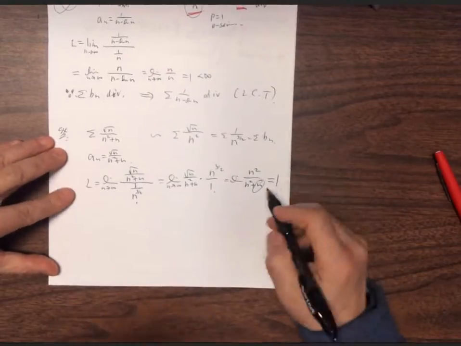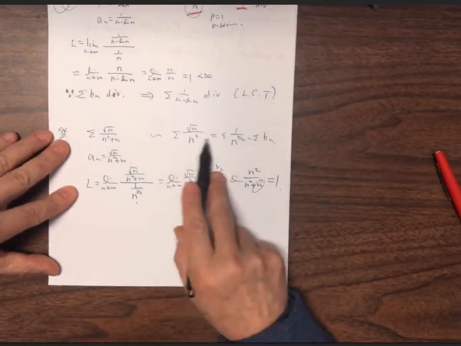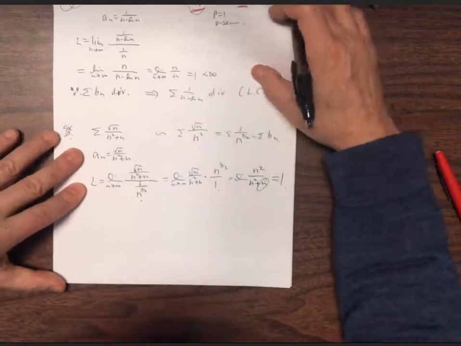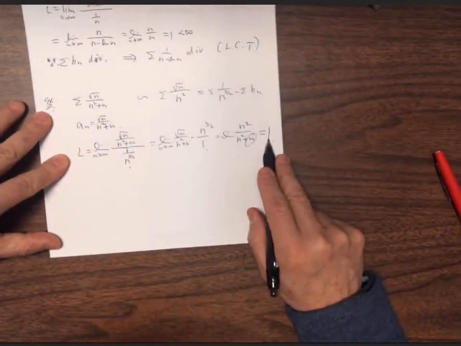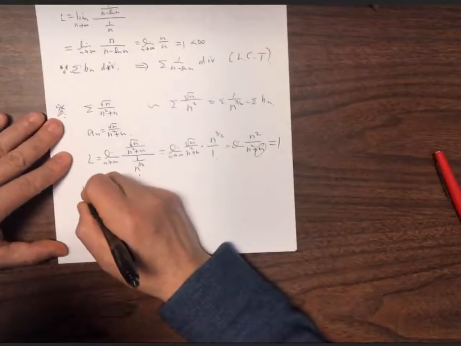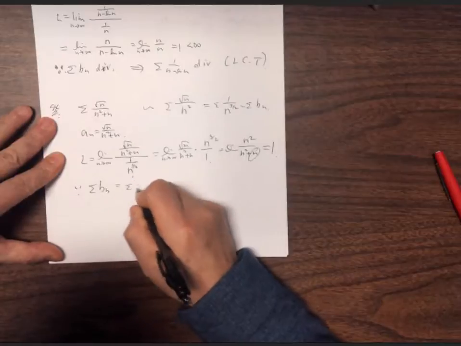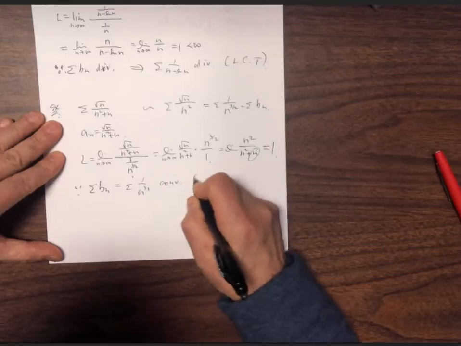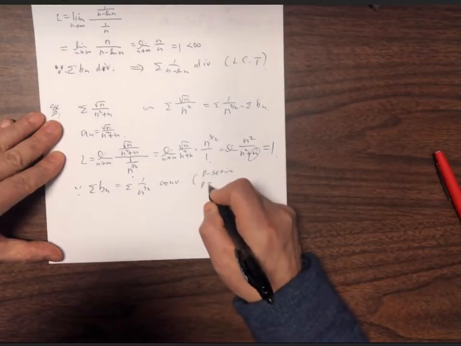The limit is 1. See, most of the time the limit is 1 if the Bn is obtained by dropping lower order terms from the top and the bottom of An. Anyway, the limit is a positive finite number, and we know that sigma Bn is a p-series that converges. It's a p-series, p more than 1.